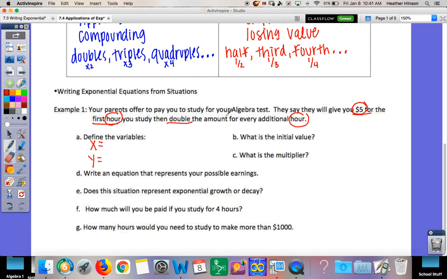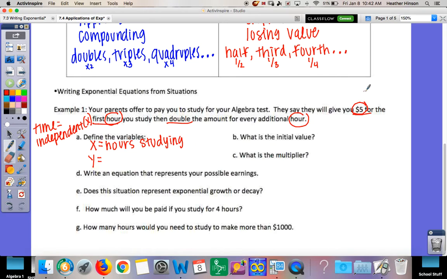Which one of those is X? Your time is always going to be your independent, and your independent is X. So time goes here. So X is going to be your number of hours. That's how long you spend studying.